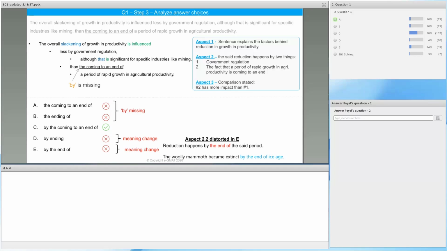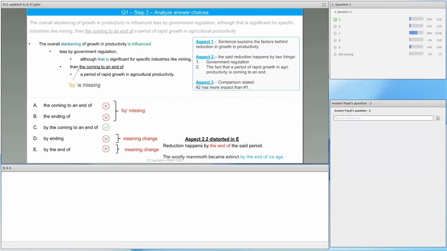That's that choice D that we saw, where all the woolly mammoths were gone. That's not what the author is communicating. The author is saying that the end was approaching, as the ice age was coming to an end, they became extinct. As the period of agricultural growth and productivity was coming to an end, as the end of that period was approaching, we saw that growth slackening.